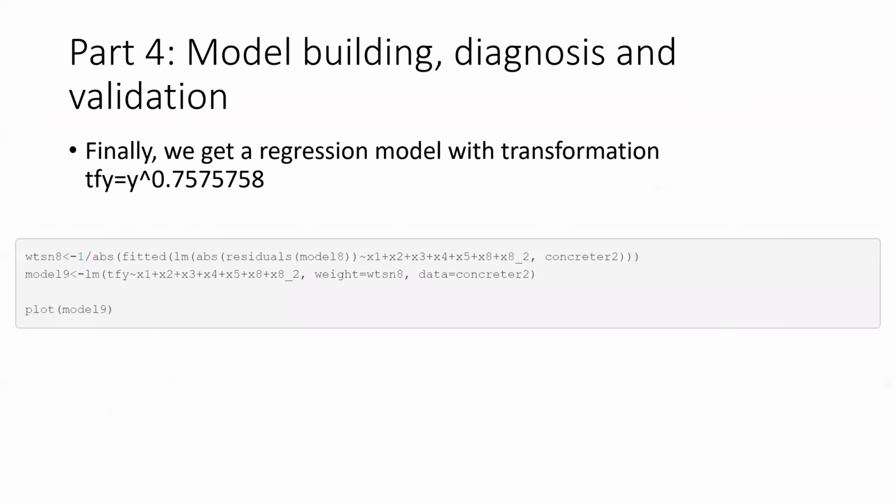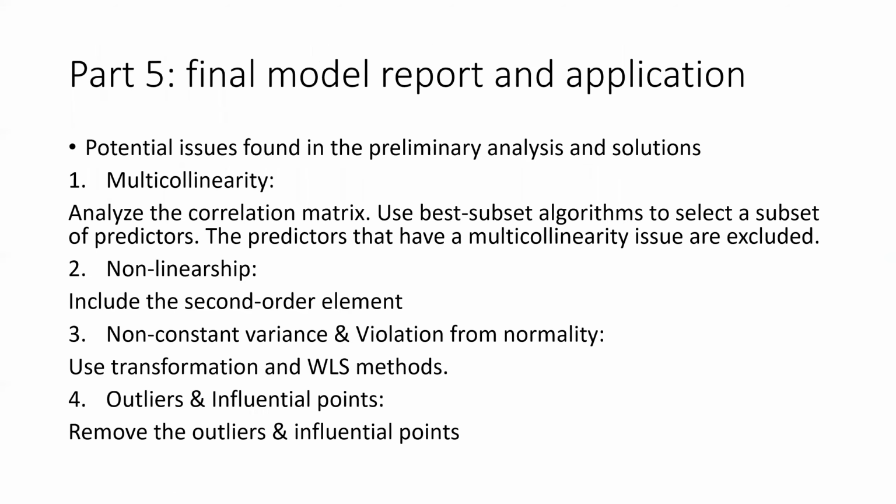So finally, we get a regression model with a transformation of y raised to 0.050755758. And here we use an advanced remedy method named the WLS method, which is a weighted model. So finally, we get our final model.